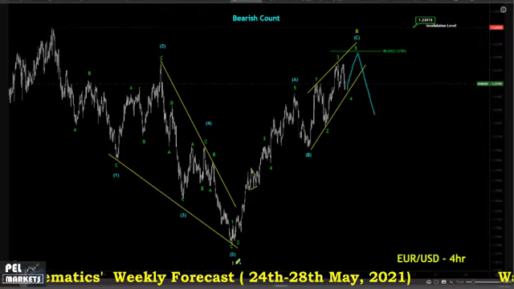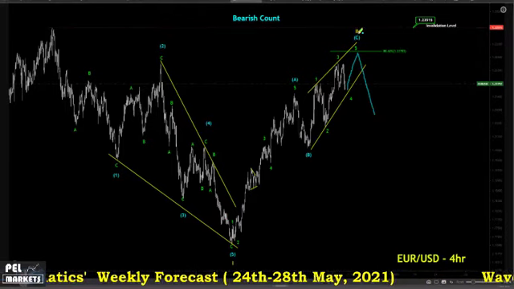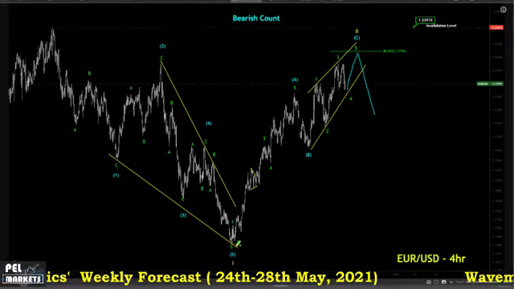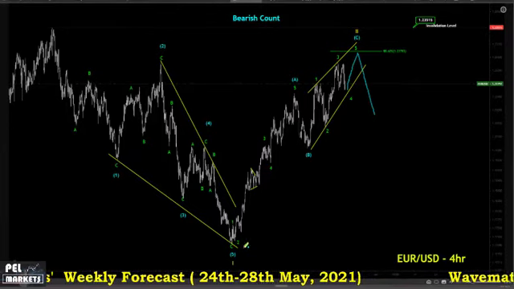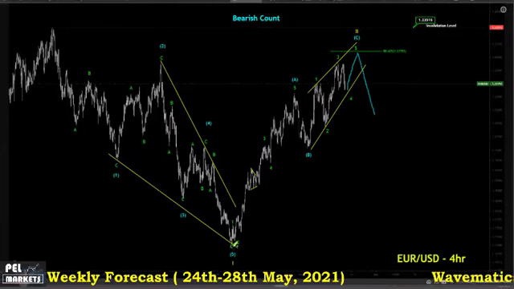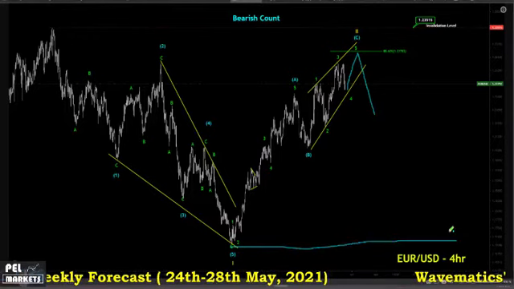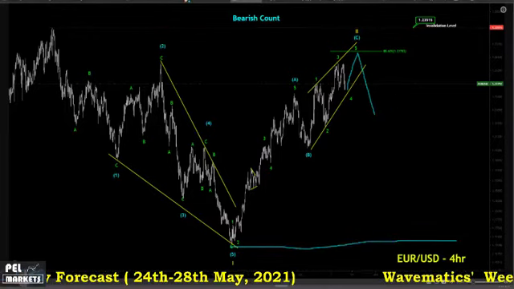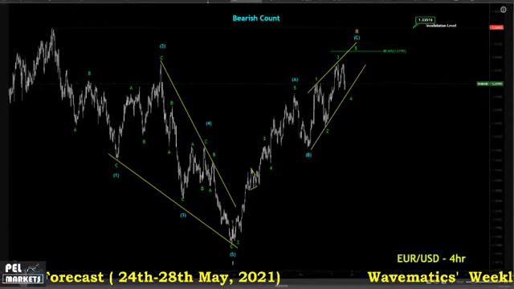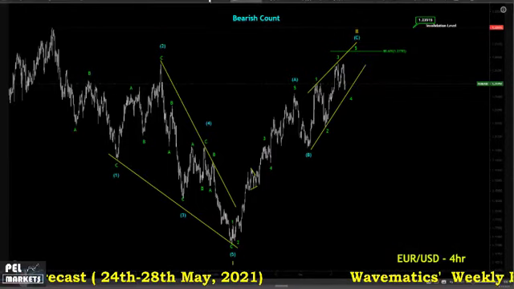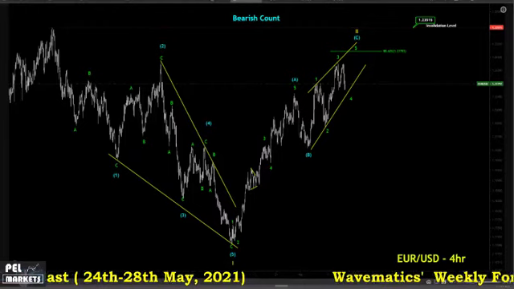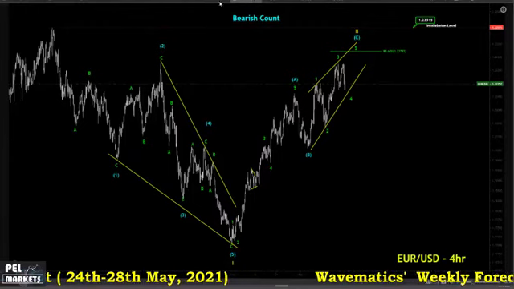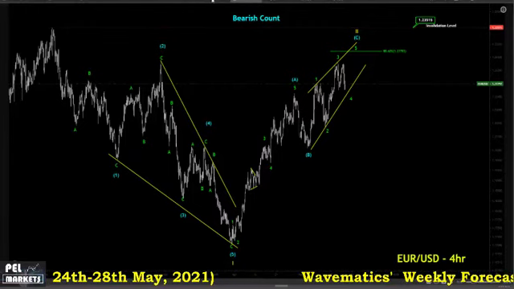So we had a leading diagonal for yellow wave 1 and ABC for yellow wave 2. Once it starts into play, we are coming to break this particular low, but we are going to trade it in bits. First will be trading this particular bullish count.